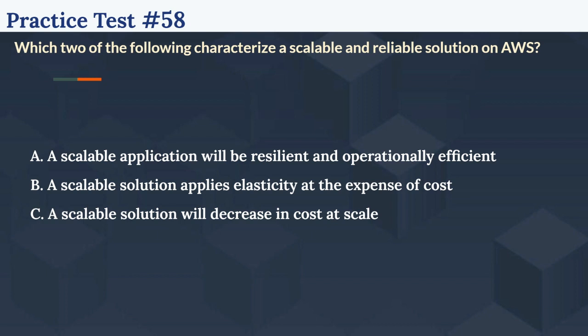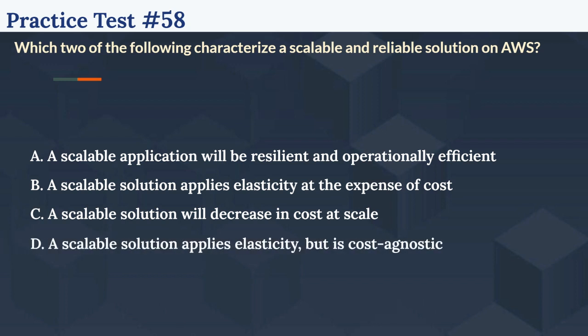Option C, a scalable solution will decrease in cost at scale. Option D, a scalable solution applies elasticity but is cost agnostic. Please select your answer in the next 5 seconds. 5, 4, 3, 2, 1.